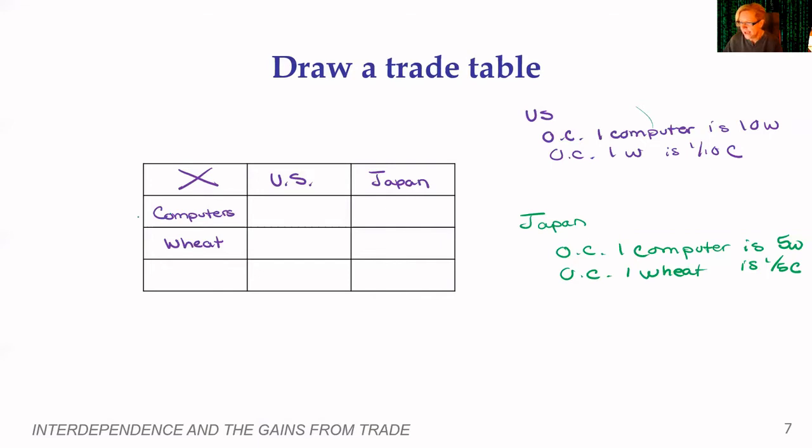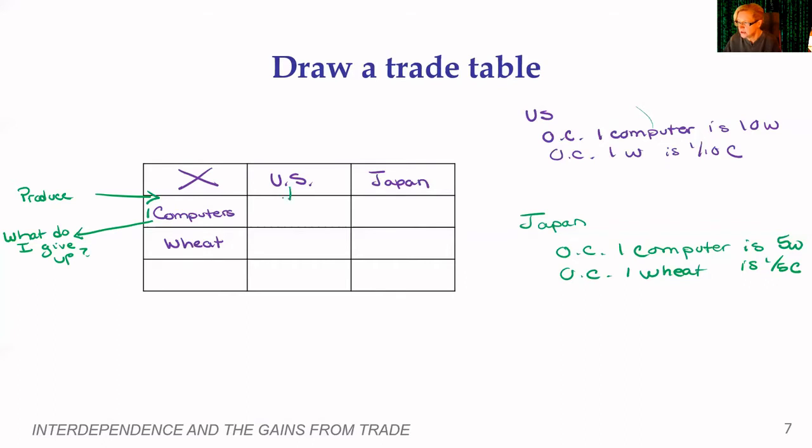Well, what I ask is every time I produce whatever this product is I'm talking about, I'm just going to start with computers. What do I give up? Okay, so every time I produce one computer in the US, that's how I'm going to look at this.